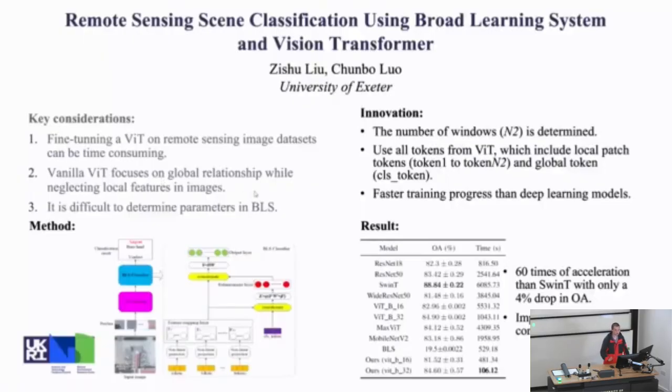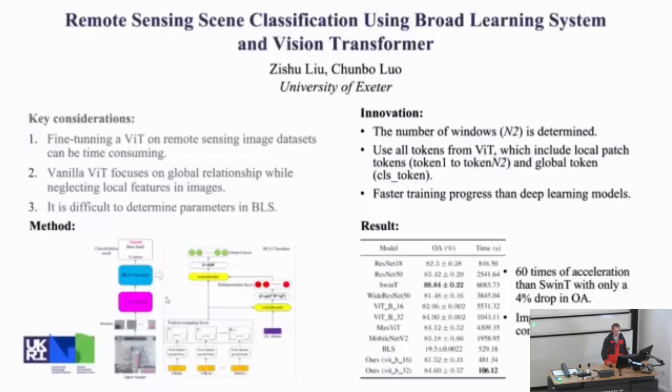So we want to use a quicker structure, the broad learning system. However, the broad learning system has at least three parameters you need to adjust, and it is very difficult to find a suitable combination for the vanilla version. So we have a combined version where we use the ViT encoder as a feature extractor and the broad learning system as a classifier.